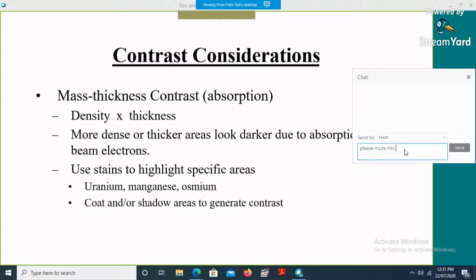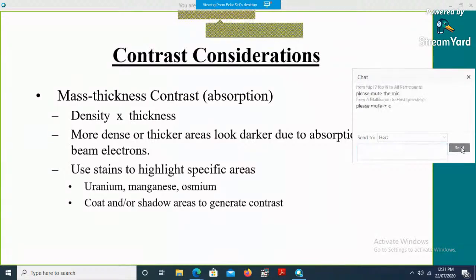In less dense and thin samples, like biological samples where only carbon and hydrogen are present, or organic samples, sometimes it's difficult to obtain the contrast using TEM.